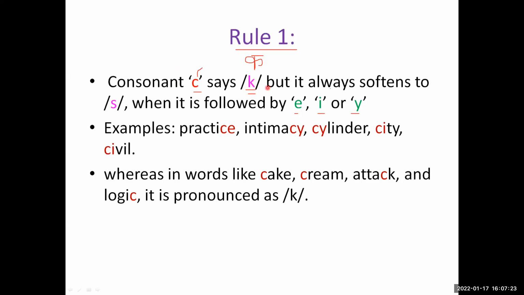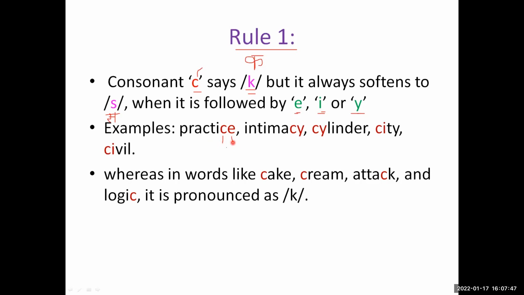But what happens? Sometimes it sounds what? It sounds /s/ also. So when does it sound /s/? When it is followed by E, I, or Y. So let's see some of the examples that you people can see here. Practice. That is C, but after C, what is there?